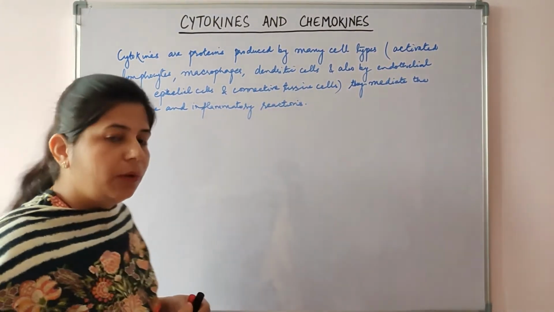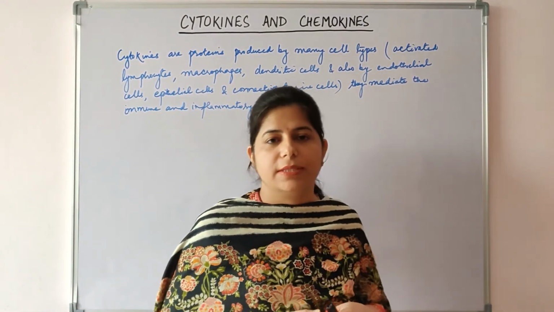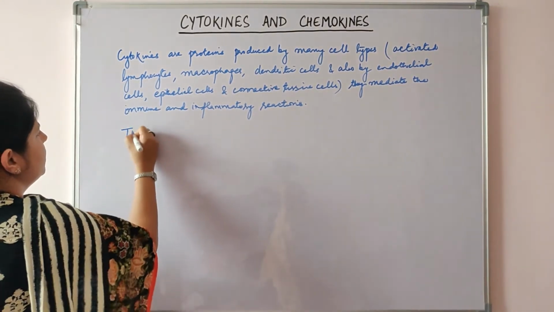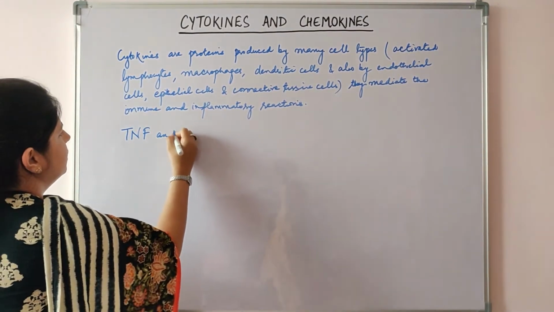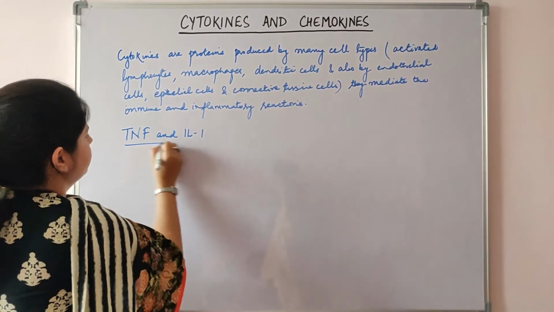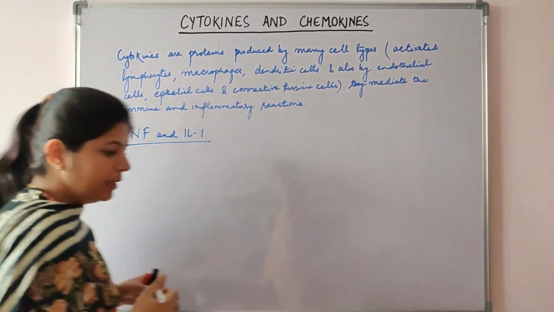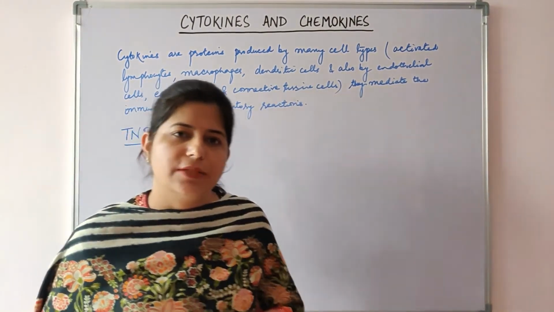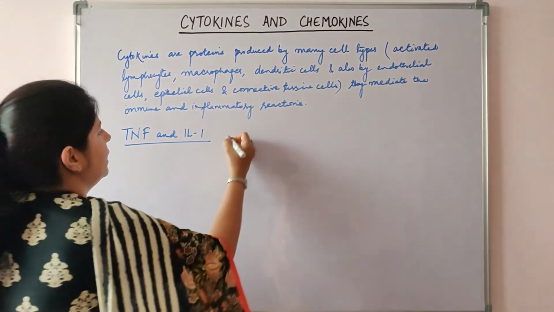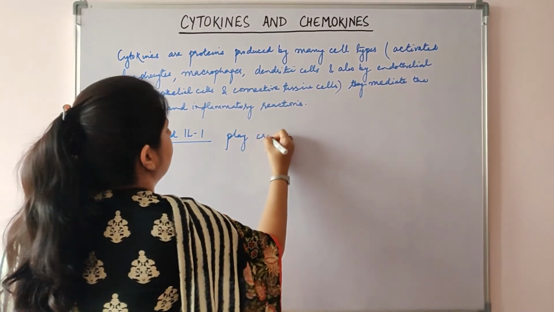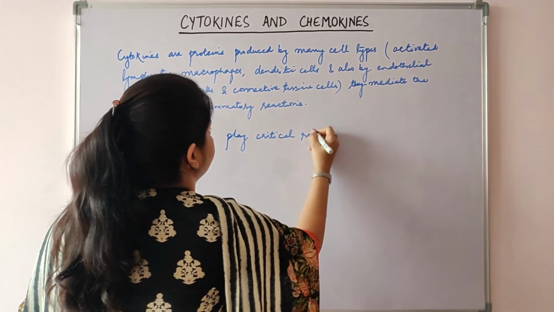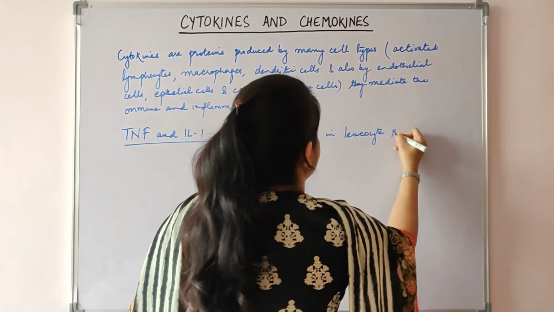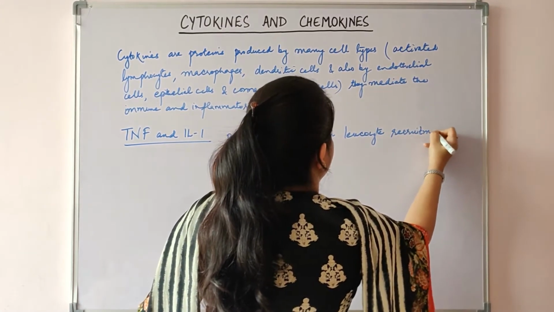Now we already know about two cytokines, tumor necrosis factor and interleukin 1. So we have studied about them while we were studying the leukocyte recruitment to the sites of inflammation. So they play a critical role in leukocyte recruitment.